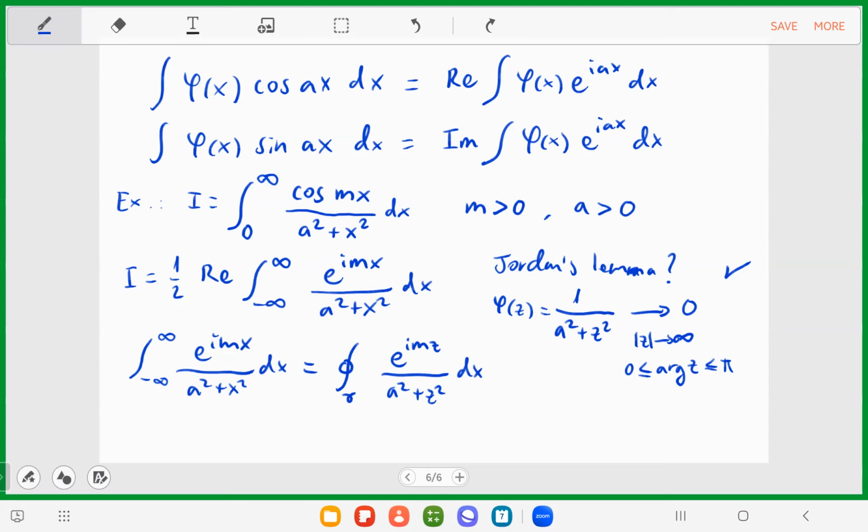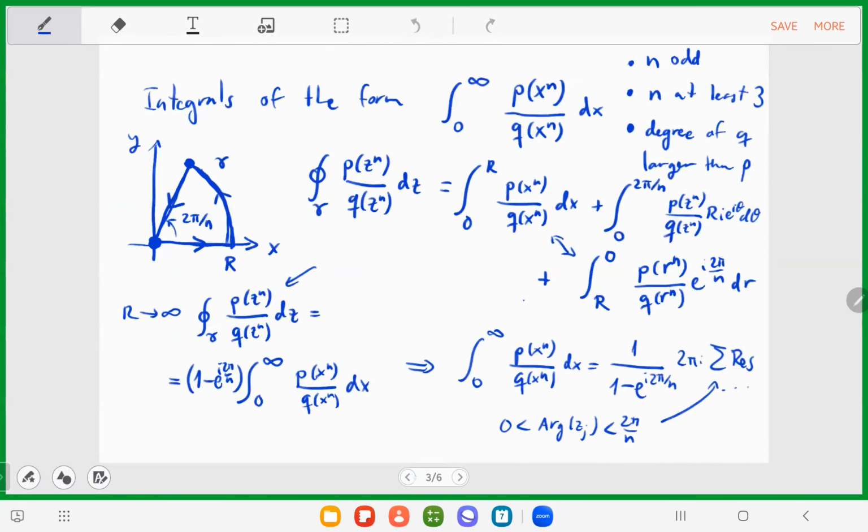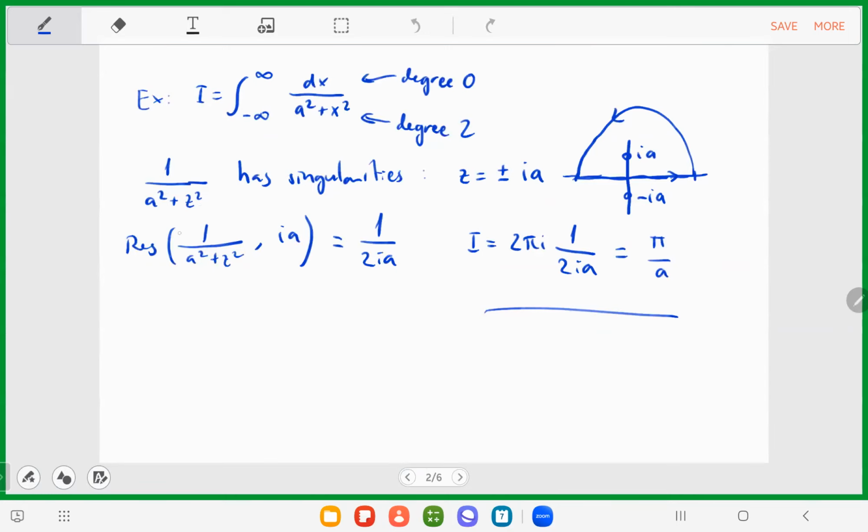Well, actually, this is the same that we have seen before, right? The same function that we have calculated a couple of times already. The zeros of this function, a squared plus z squared, it's even called the same. So we can go back to page 2 and we can see there are two singularities.